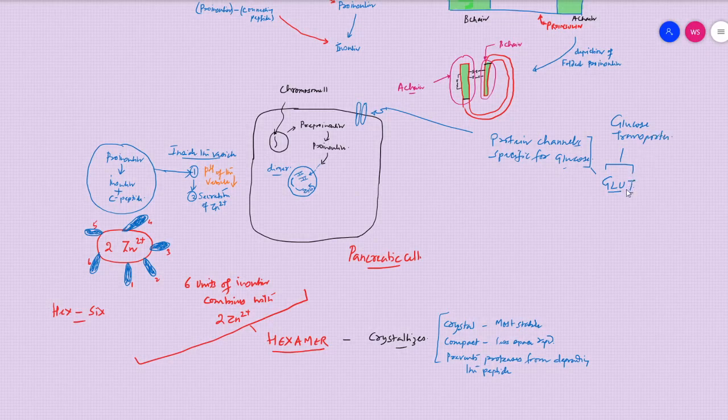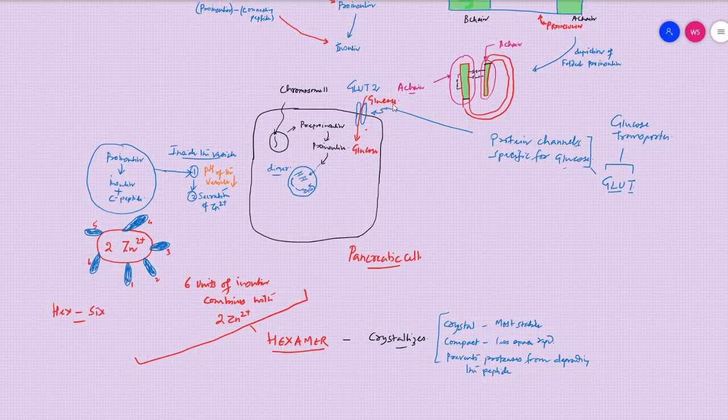GLUT is a type of transporter protein, and there are different types of GLUT. In the pancreas, GLUT2 is present. What's the function of GLUT2? It enables the entry of glucose. We are now talking about a normal pancreas. What's its function?